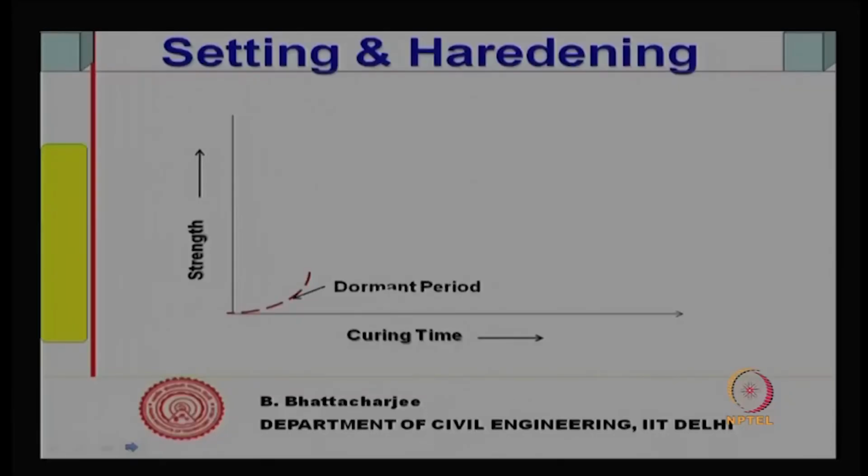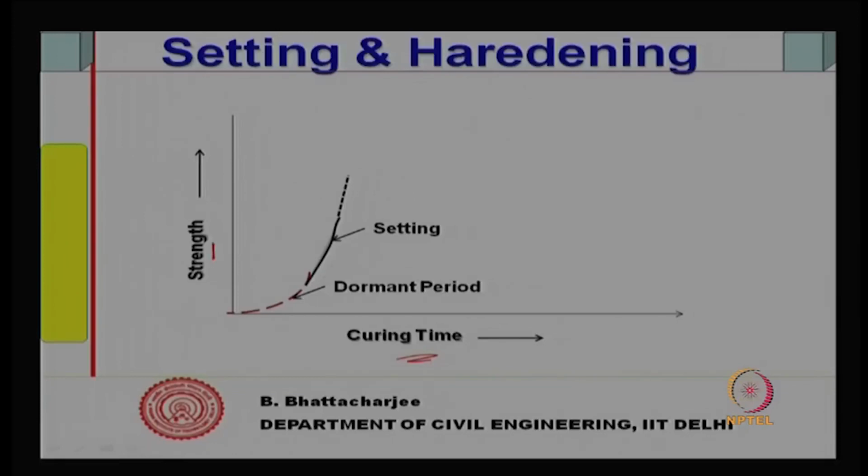So, let us see schematically how we can represent this. Initially there will be a dormant period where there is no strength gain, y axis is strength, x axis is curing time, let us say. So, no strength gain. Then there will be rapid strength gain, and this process is setting.